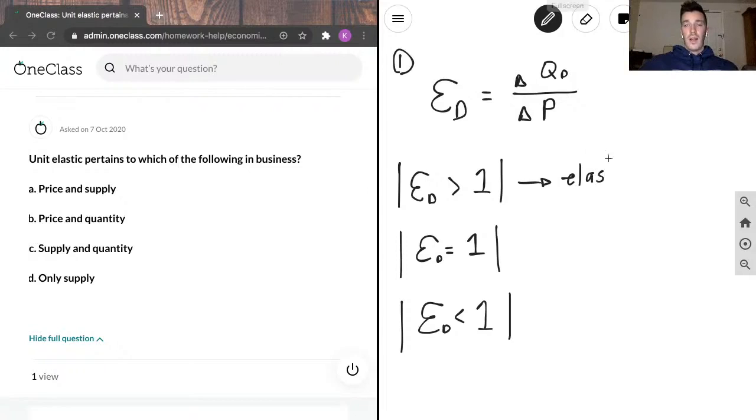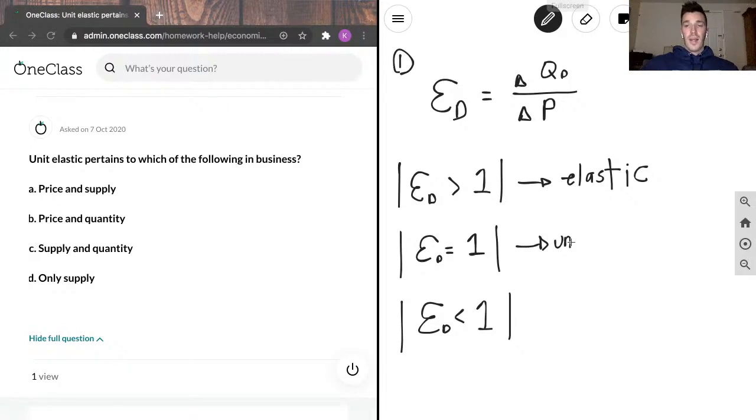And when we say that the good is elastic, we're saying that when there's a change in price, consumers will be responsive in the amount of quantity they demand. So if prices go up a lot, consumers will demand a whole lot less of it.